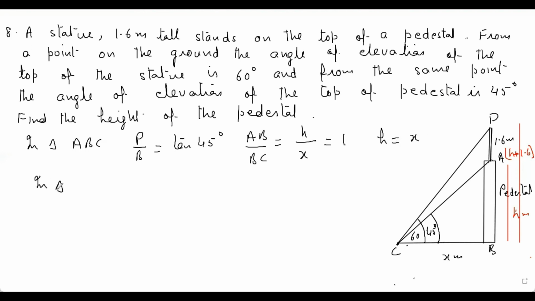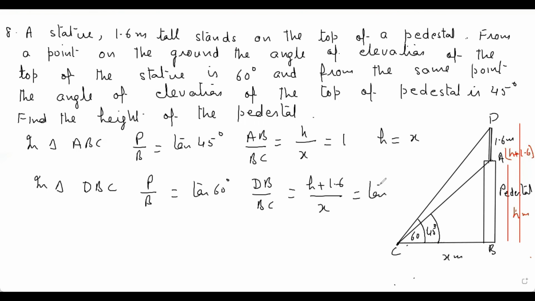Now in triangle DBC, perpendicular upon base is equal to tan 60 degrees. Perpendicular here is DB and base here is BC. DB is h plus 1.6 and BC is x, equal to tan 60 degrees. So h plus 1.6 upon x is equal to root 3. h plus 1.6 is equal to root 3 x.